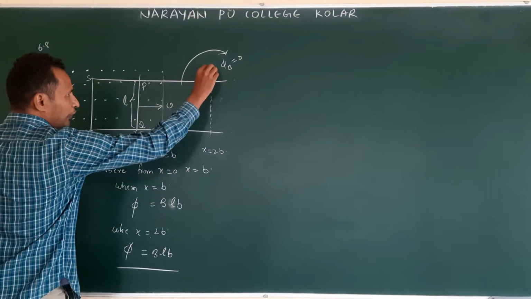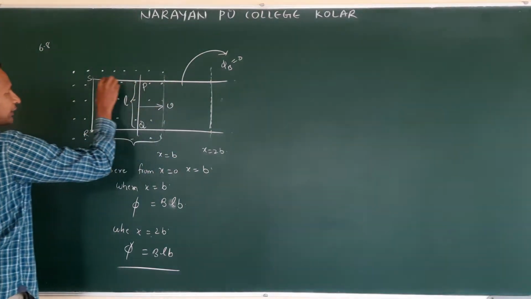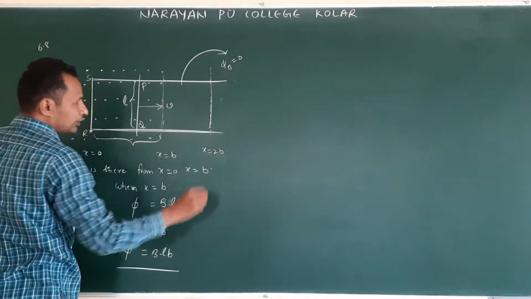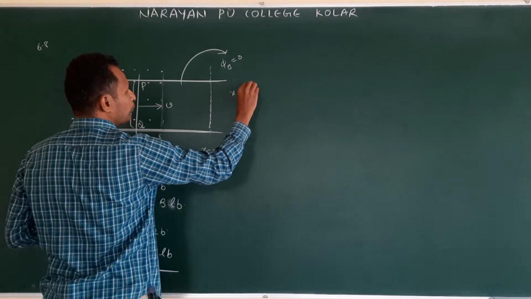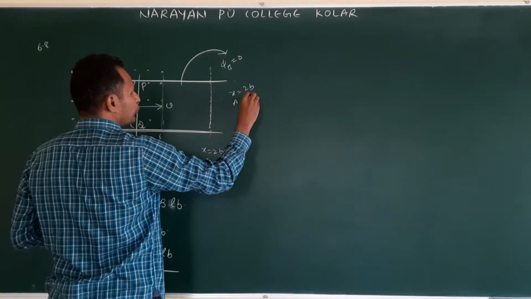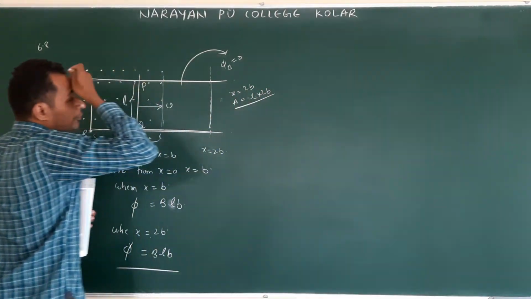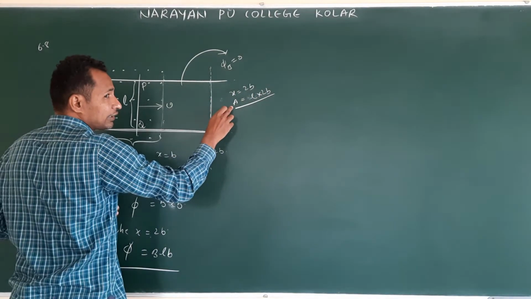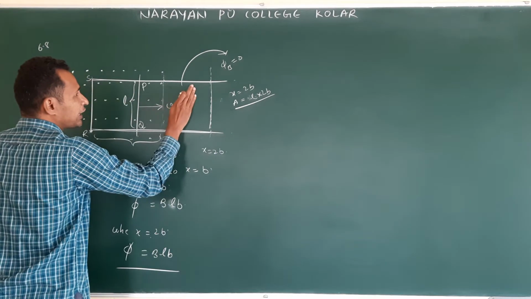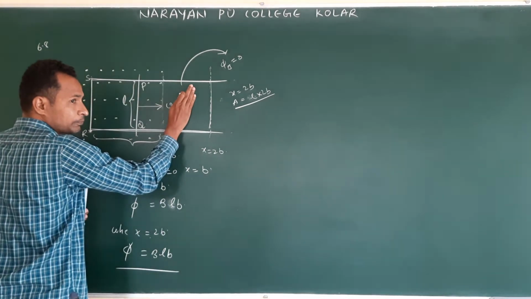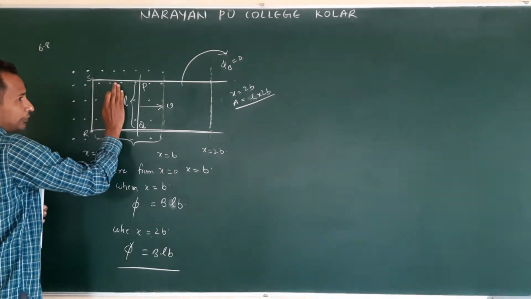Clear? But when the rod is there, what is the area? This is the total area actually. When x is equal to 2b, what is the area? Area is equal to L into 2b. But in this total area, in some region magnetic field was not there, but in some region magnetic field was there. What does that mean?